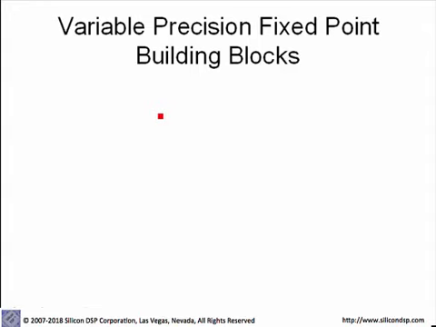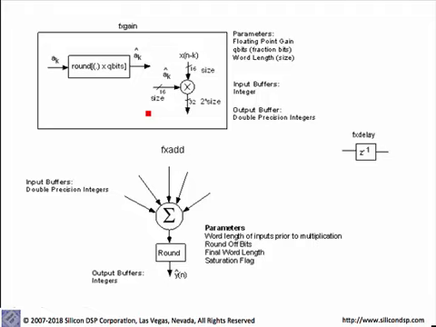The next topic we want to discuss is the availability of variable precision fixed point building blocks in Caption. So here we show 3 of those blocks. The first block we show is the fixed point gain, in which case we have an input with a word length, for example 16 bits in this case, and we have coefficients that we're going to multiply the input by.